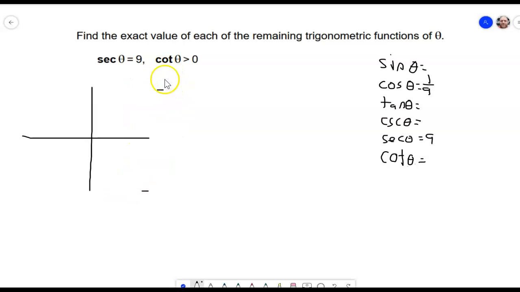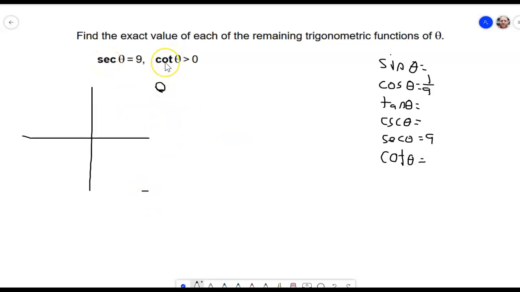And then out of those 2 quadrants, the cotangent, which is related to the tangent, is only positive in the 1st quadrant. The secant and the cosine refer to the x value, so it has to be in these 2.